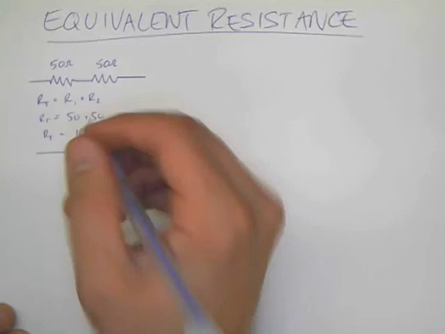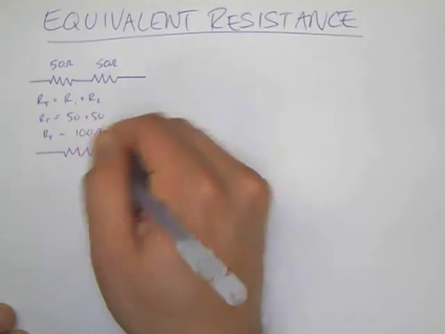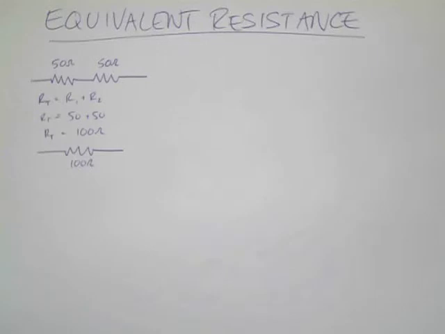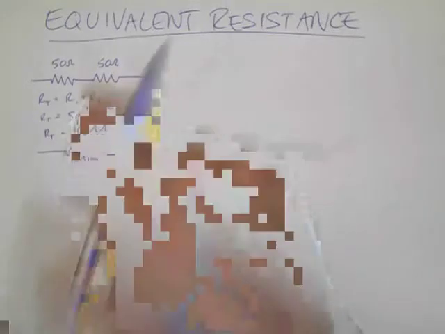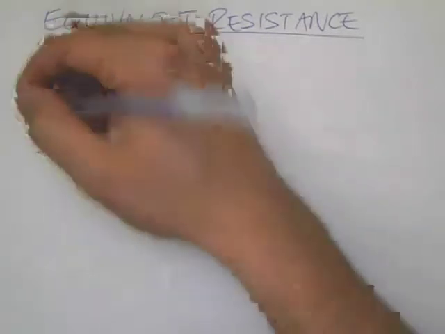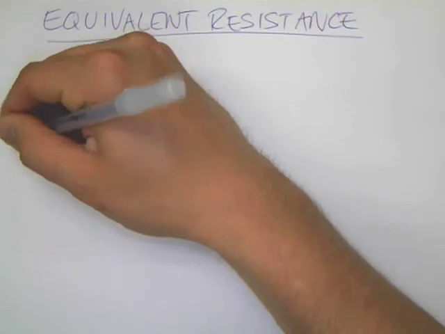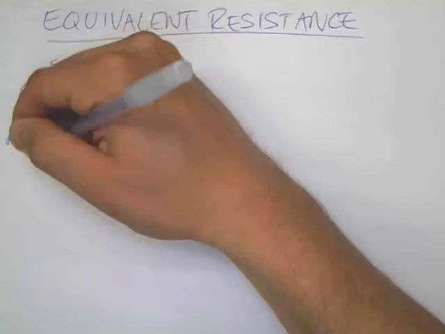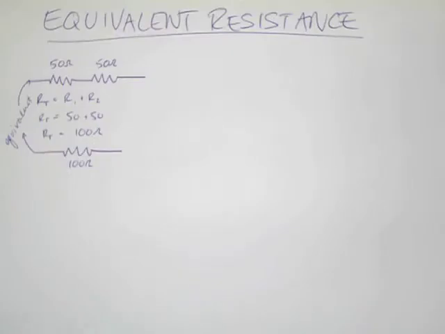So if I were to take a single resistor that was 100 ohms and replace the two 50s in series, there's no difference. This is equivalent to this, right? They're the same thing. They would have the same effect on the current that's flowing through that circuit.